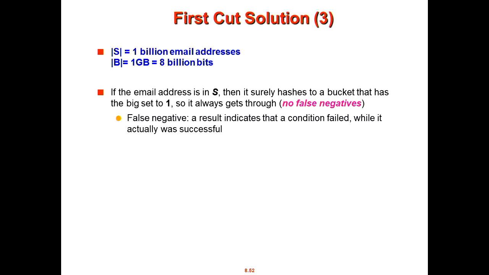So there are no false negatives. It means that if given the email stream, some email address is in S, then we will always report it as an answer. We can always find it. We will never miss such an email address. So there are no false negatives.